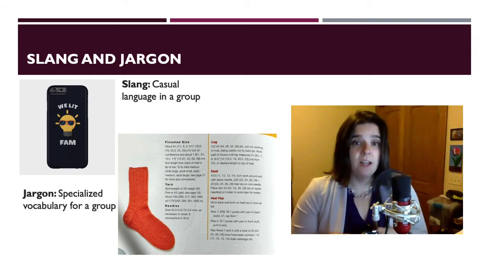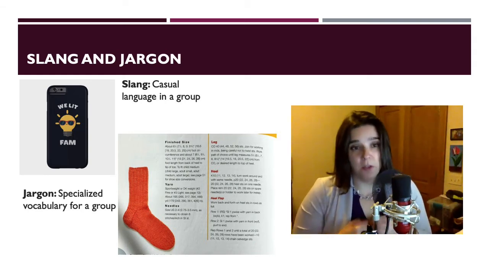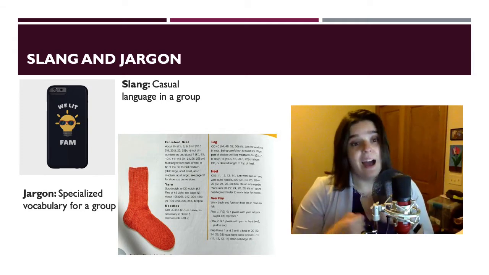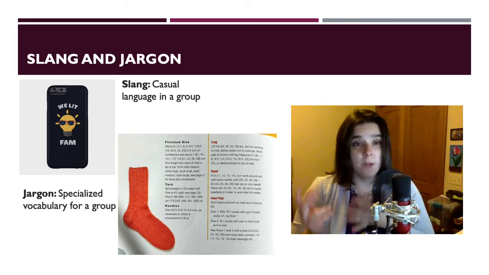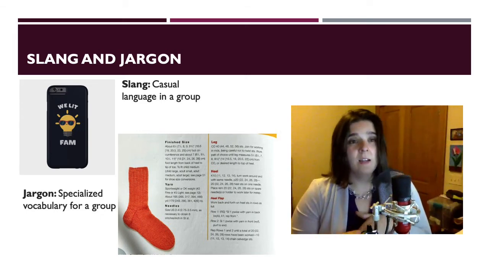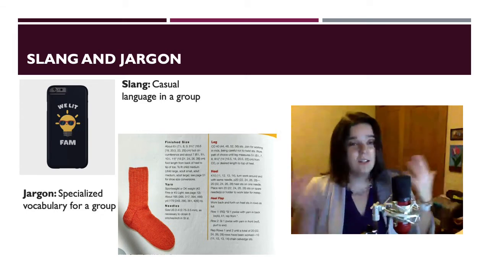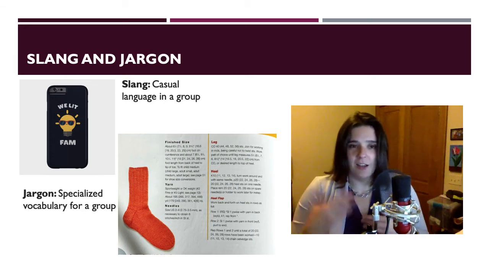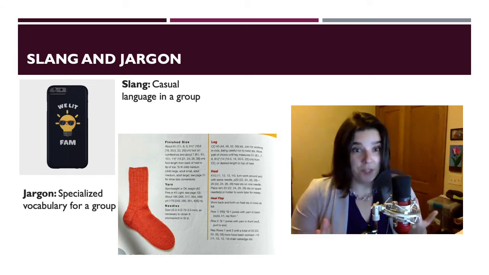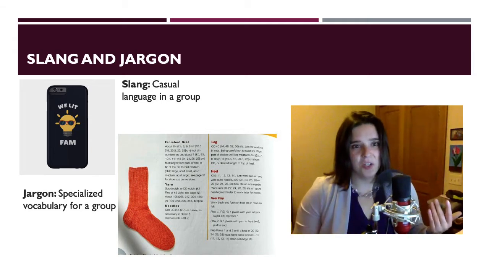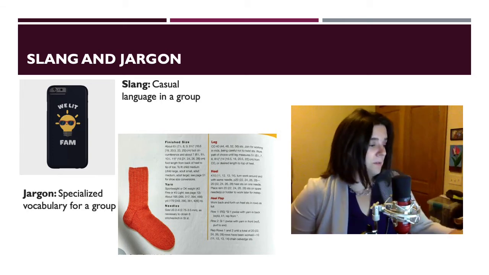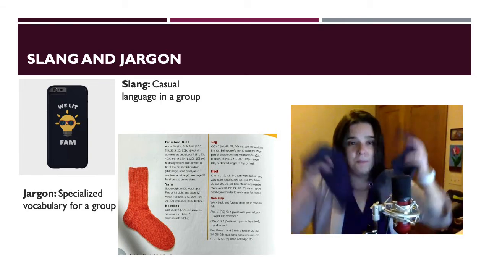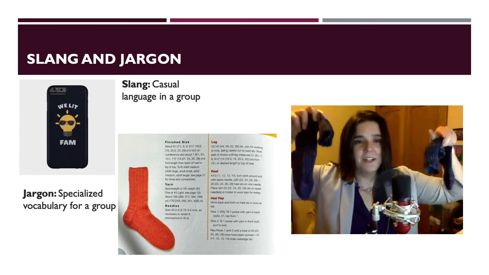Jargon, however, is specialized vocabulary for a group. And this can be a hobby or it can be a profession or a workplace. Medical profession, tons of jargon. If any of you have ever read a prescription, you're like, I don't understand what this means. That's jargon right there. The example that I have right here is an example of the jargon that is used to make these.